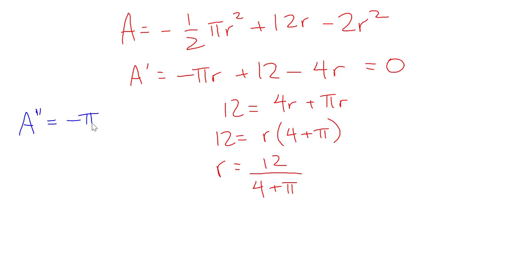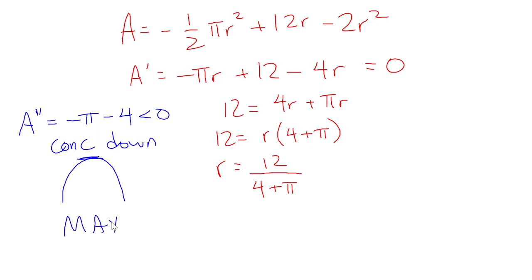The derivative of 12 is 0, and the derivative of negative 4r is negative 4. Well, negative pi minus 4 is clearly less than 0, which tells us that the function is concave down, right? And concave down gives us a maximum. So we clearly have a max when the radius is 12 over 4 plus pi.